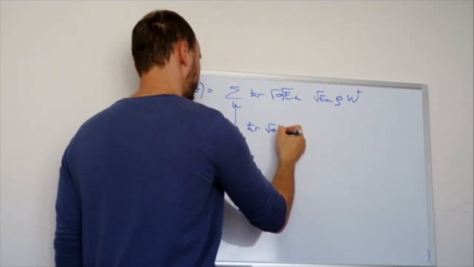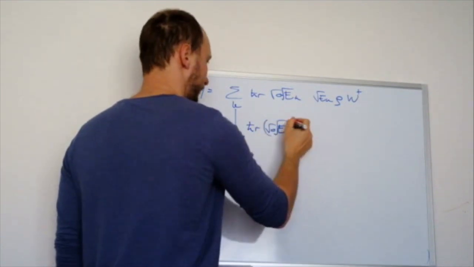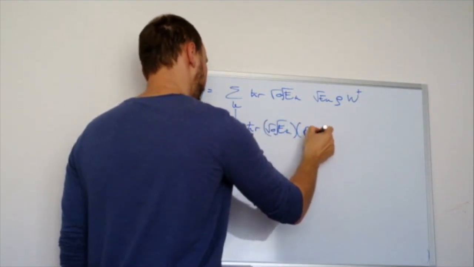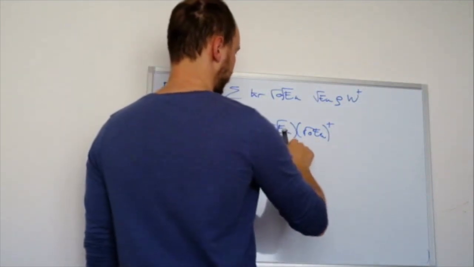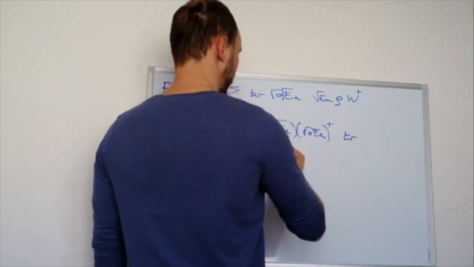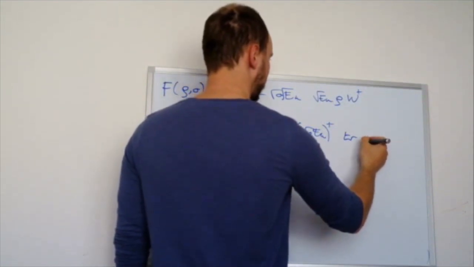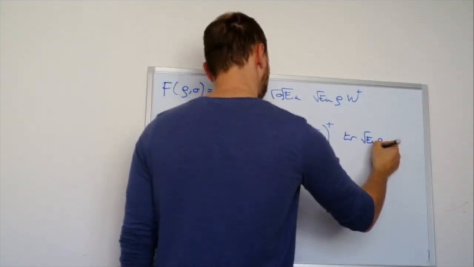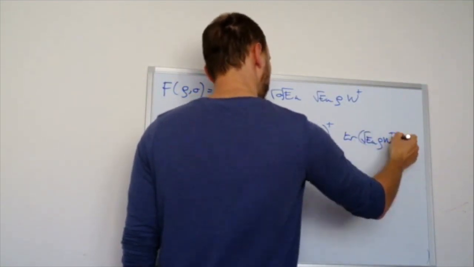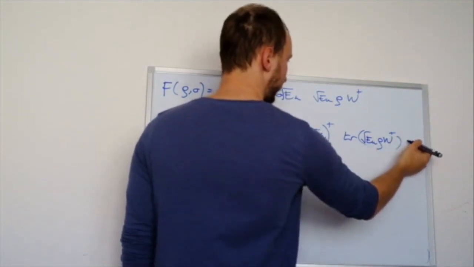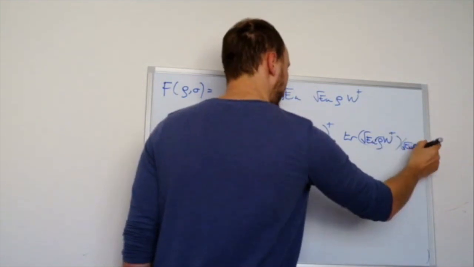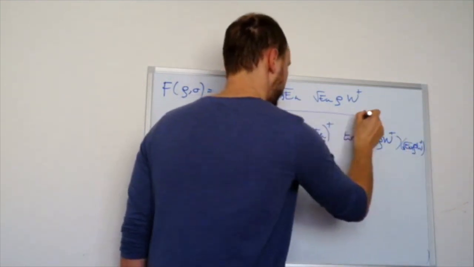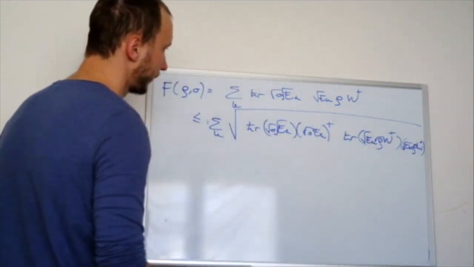let me write E_K explicitly so that I don't get lost again, the absolute value operator. So this is the norm, and here we get the same story: E_K rho W times the Hermitian conjugate, E_K square root of rho W. The big square root is over everything.